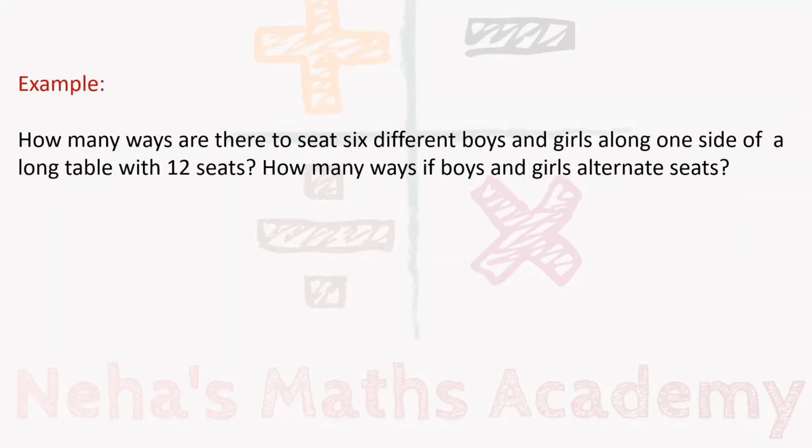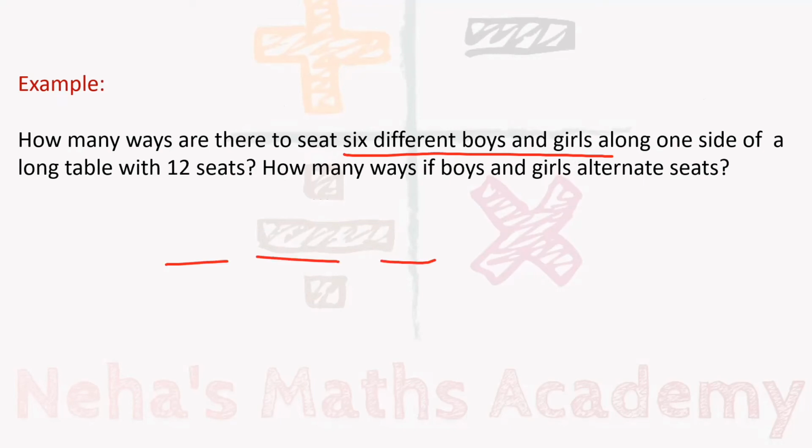How many ways are there to sit 6 different boys and girls along one side of a long table with 12 seats? How many ways if boys and girls alternate seats? First problem is, how many ways are there to sit 6 different boys and girls along one side of a long table with 12 seats?